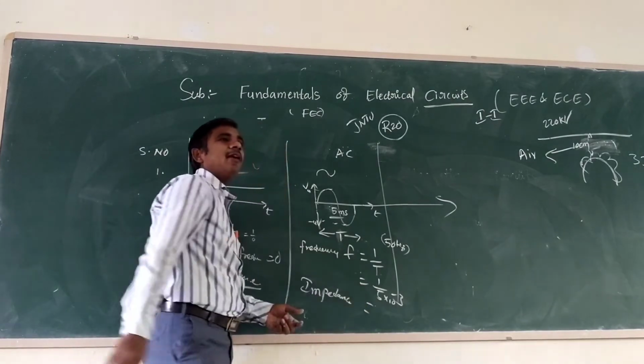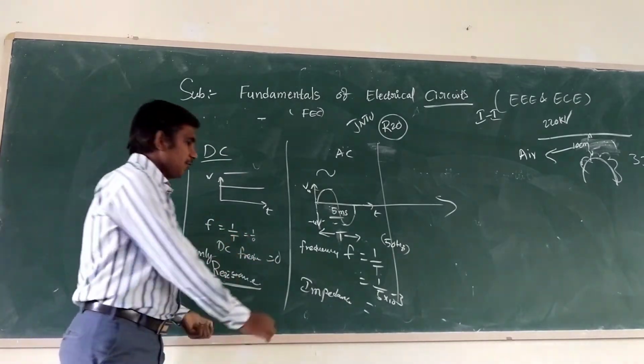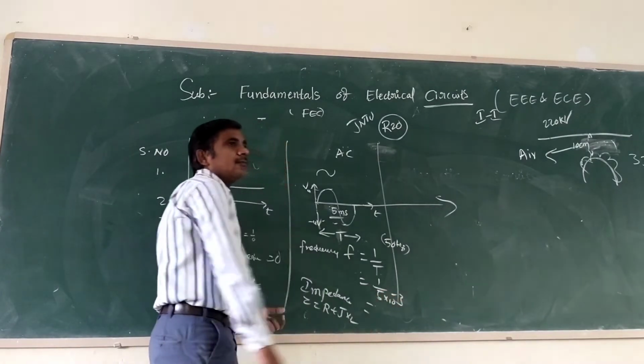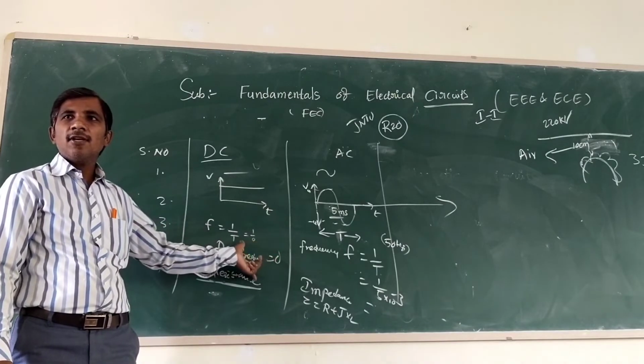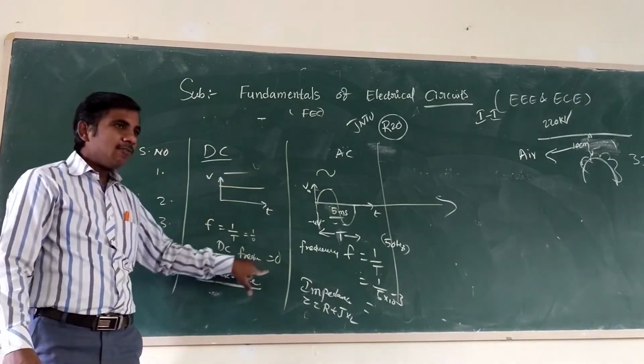What is this impedance? Z equal to R plus jXL. What is this impedance? Again we will discuss. First we are comparing DC versus AC. These points again we will discuss.